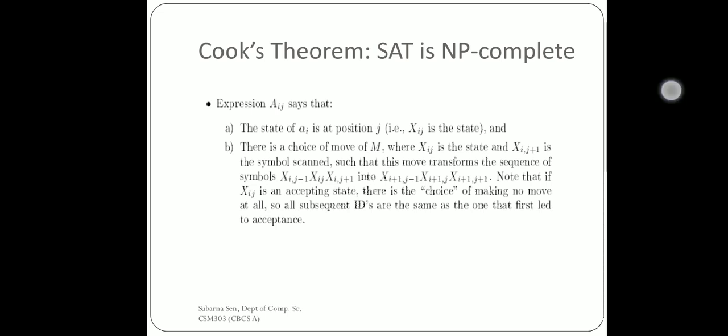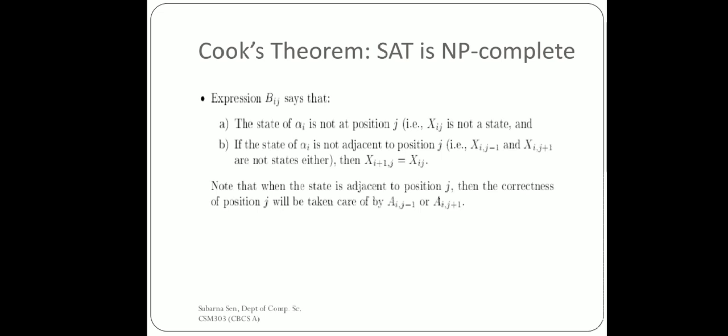Now if the choice is somewhat different, the state alpha i is not at position j. That means my acceptance state is not at position j. We have covered the case where my acceptance state is at position j.